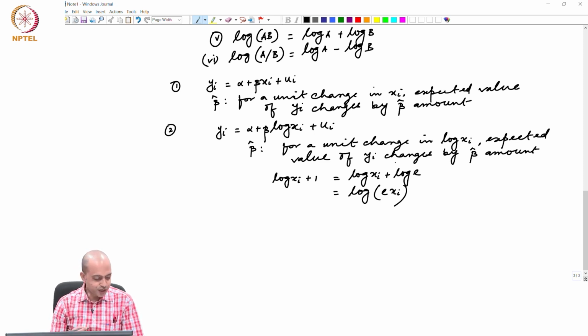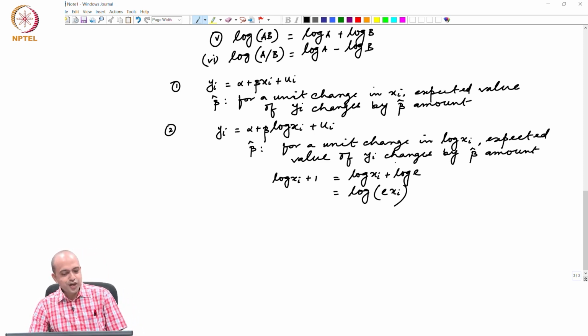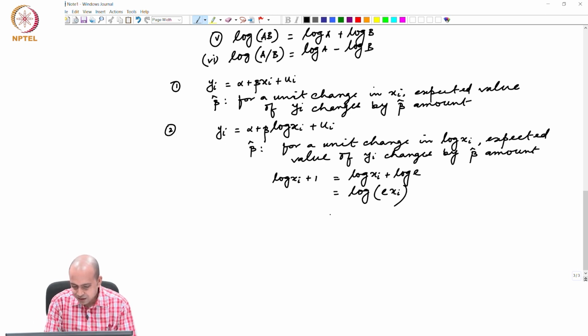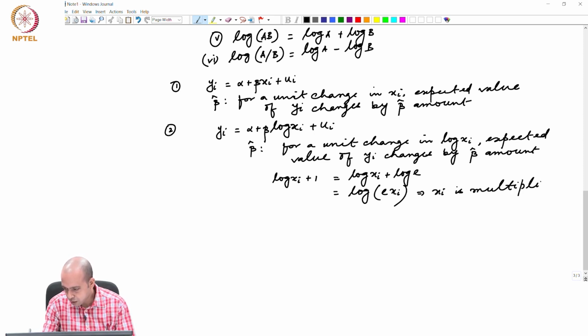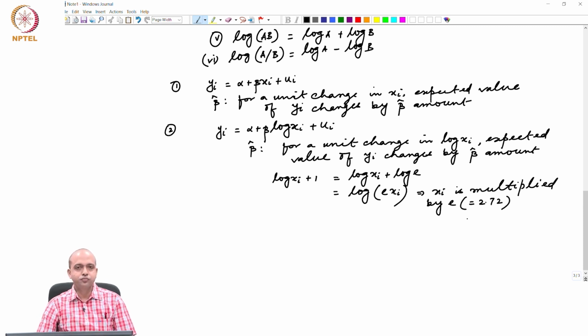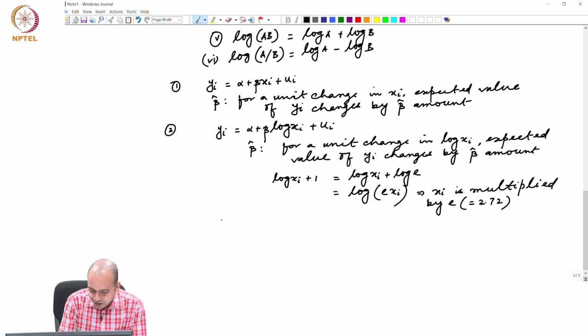So when log xi is increased by 1 unit, that means x is multiplied by e, which equals 2.72.